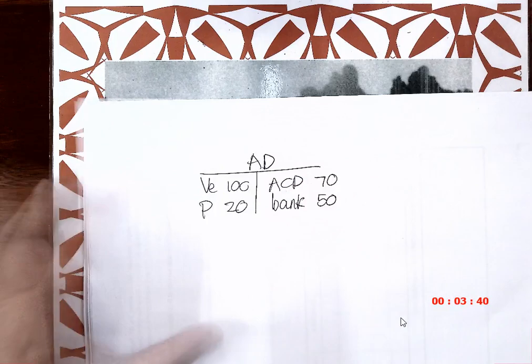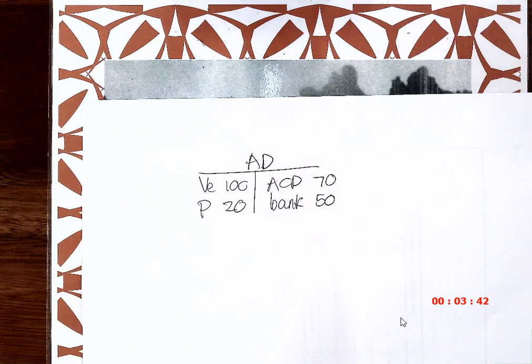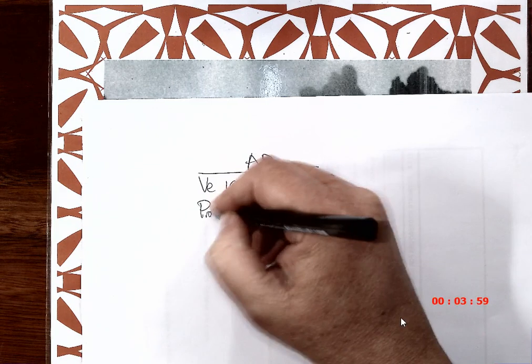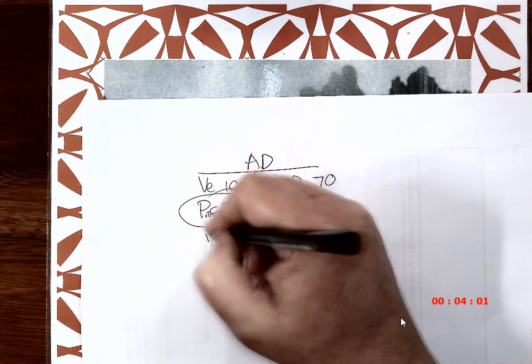Which one there is the income or expense? Income is your nominal. What is nominal here? The profit. So this would be my income.